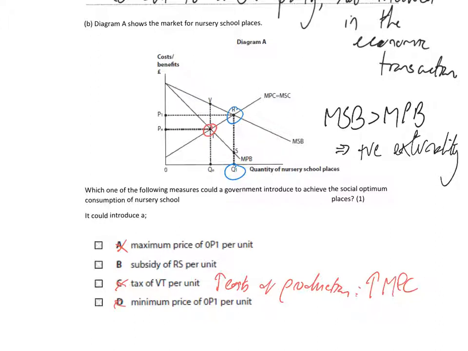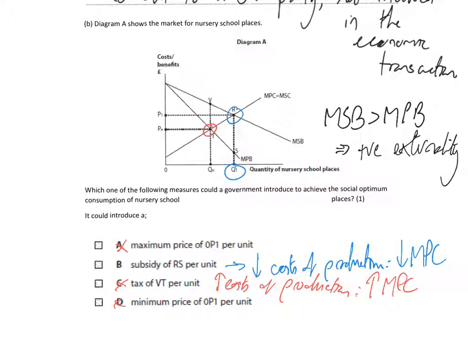So we're left with B, the idea of a subsidy of RS per unit. That subsidy, in contrast to the tax, is going to lower the costs of production. That's going to cause a fall in the marginal private cost.